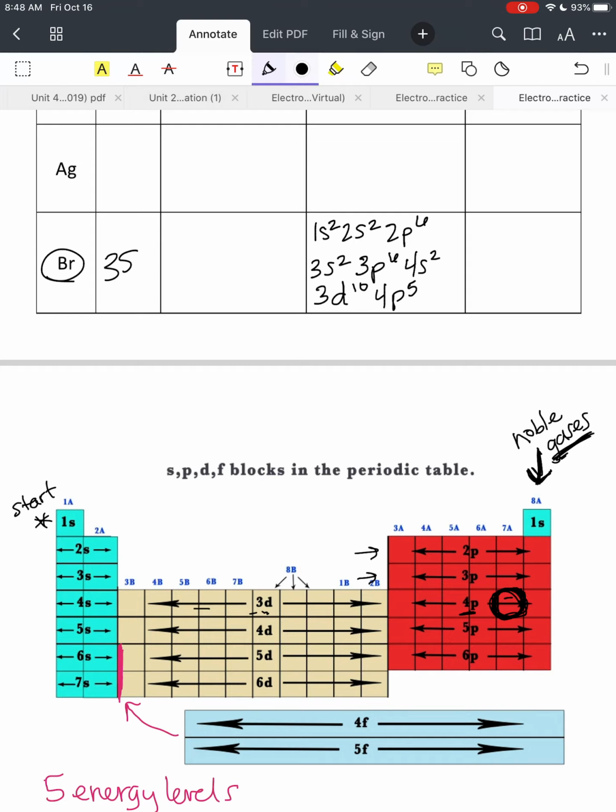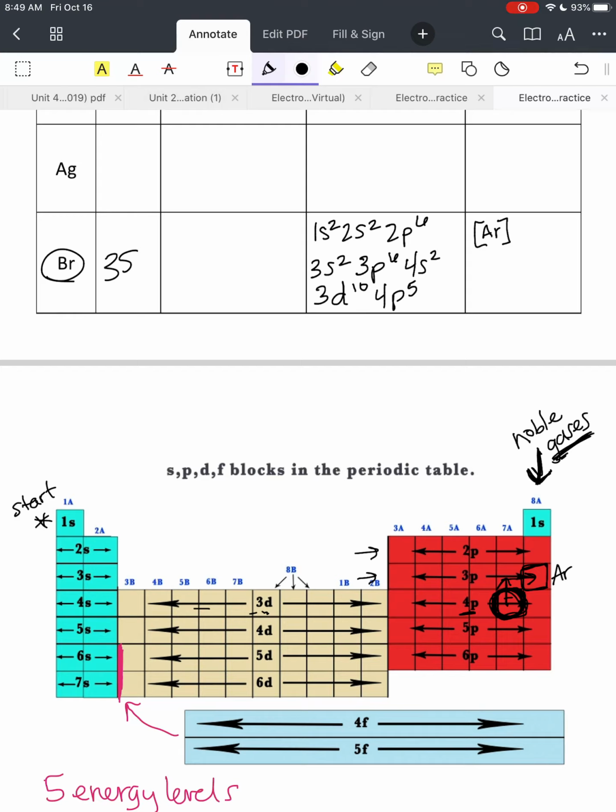What I'm going to do is go up a row, and go all the way over to whatever this noble gas is right here. If I look at my periodic table, I can see that it's argon. So I'm going to come up here and write argon in brackets. What that's telling an observer, who wants to know what element you're talking about based on this configuration, is that I'm just going to start at argon.